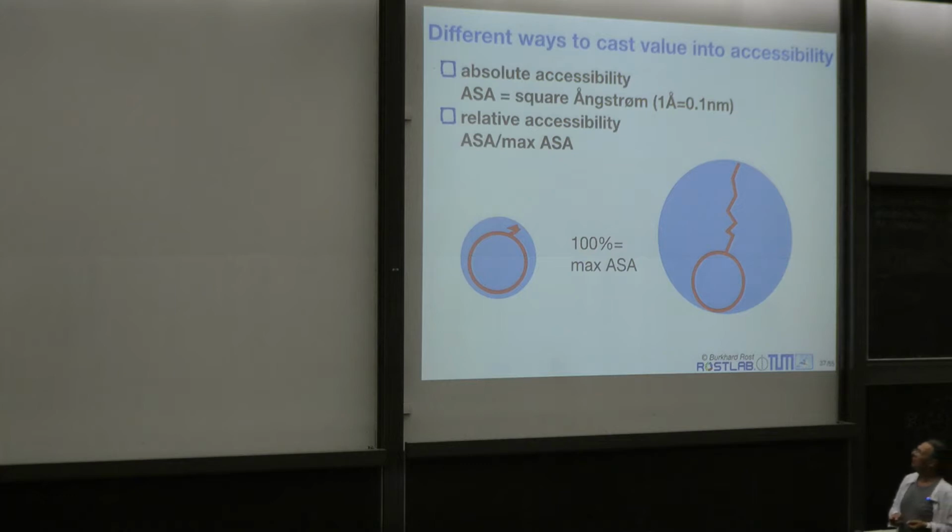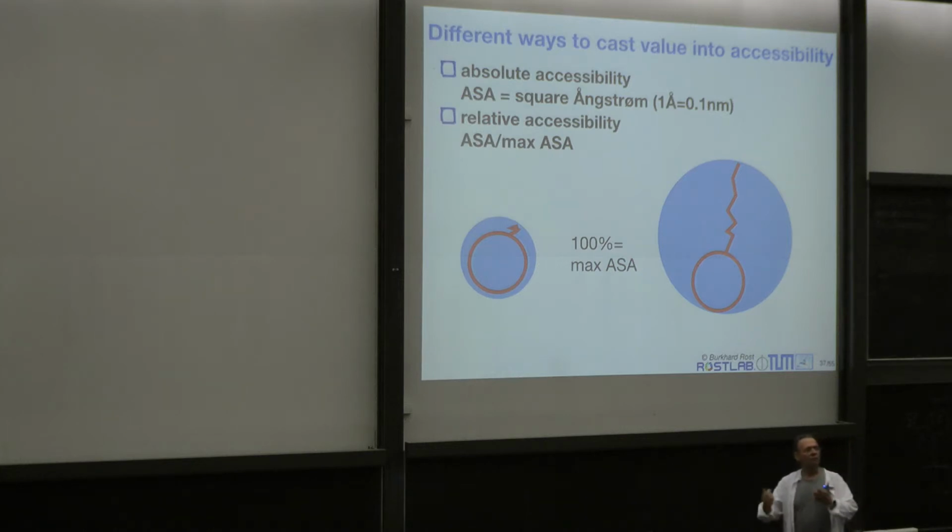So if you imagine a protein to be a sphere, or a slightly elongated sphere, that means you need to look at a different number or a different way of doing it, in which you consider the maximal surface that you can have. So you have something that is comparable between alanine and lysine, between things with a short side chain and things with a long side chain. Essentially a percentage.